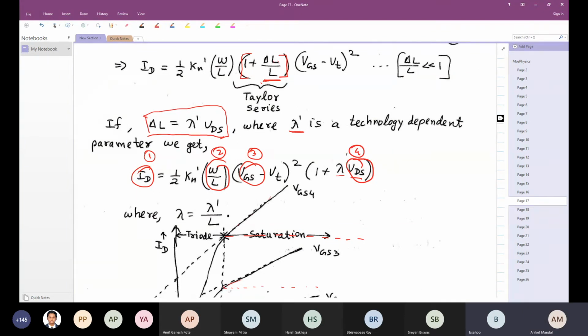Basically, in the saturation region, VDS would depend linearly on ID. That's why we can relate that delta L and VDS are linear. Yeah, that's a proportionality constant. Just like VDD minus ID into R would be VDS, so we can relate that. True, yes. That is the reason.